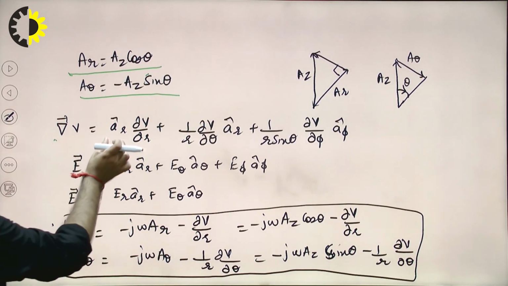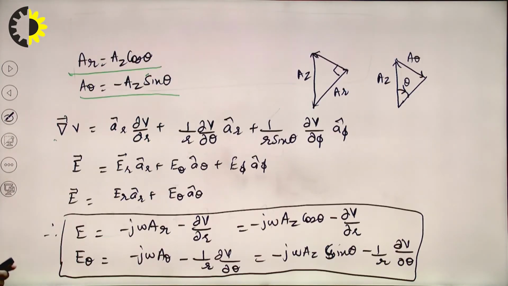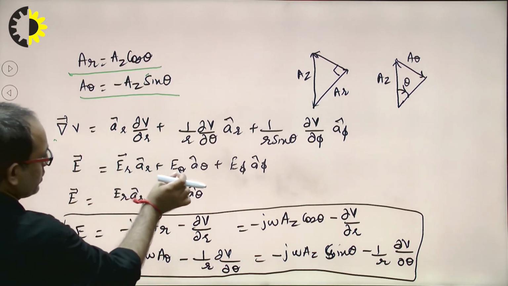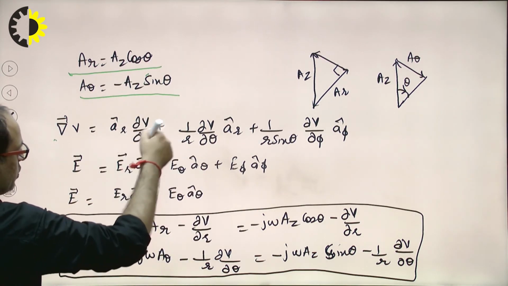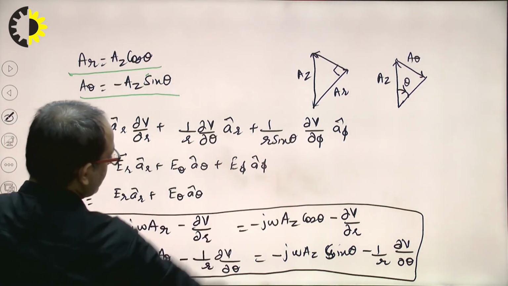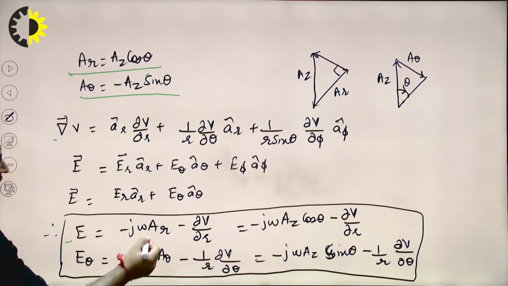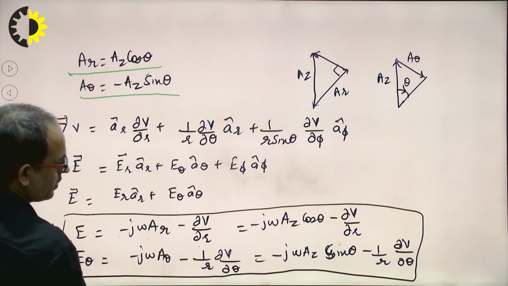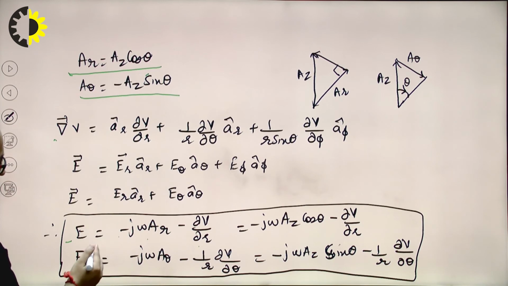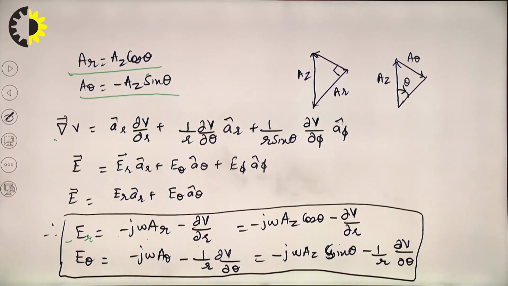Now see this one. First we will calculate the gradient of V vector, in a cap R; put this value. Now the E vector is equal to ER a cap R plus E theta a cap theta. On putting the values of del V by del R, del V by del theta and del V by del phi, you will see that ER is minus j omega AR minus del V by del R. And E theta will be minus j omega A theta minus 1 by R del V by del theta.